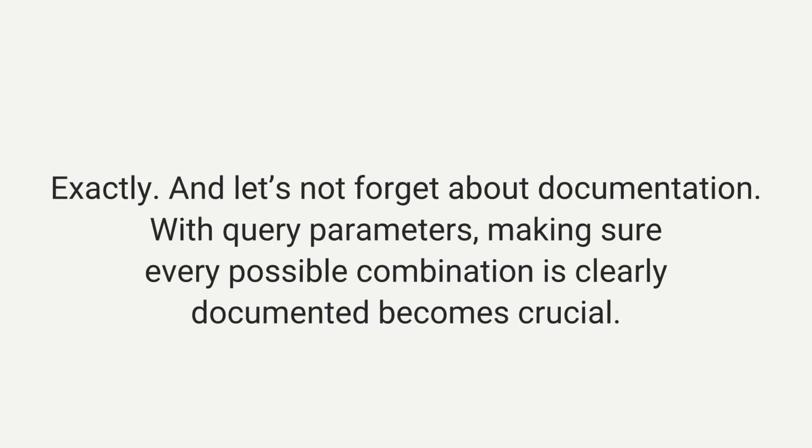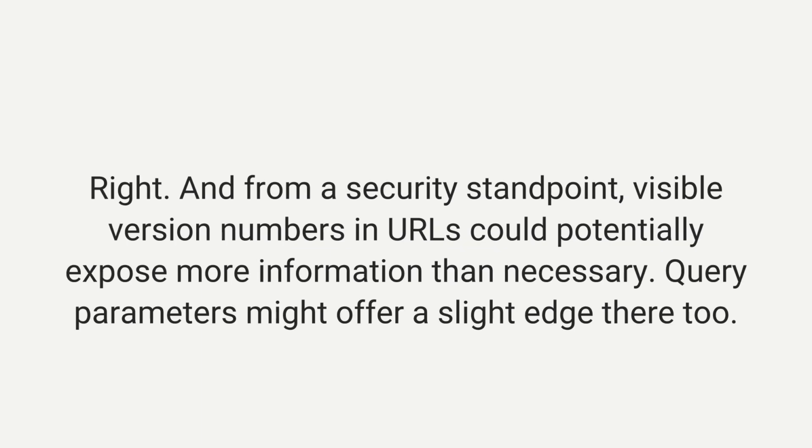Exactly. And let's not forget about documentation. With query parameters, making sure every possible combination is clearly documented becomes crucial. Agreed. Documenting all potential combinations would be essential to avoid any misunderstandings. Right.